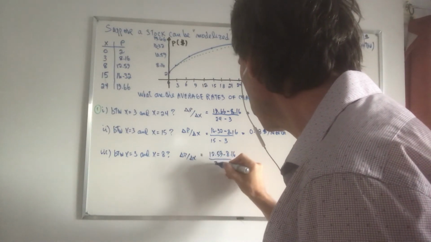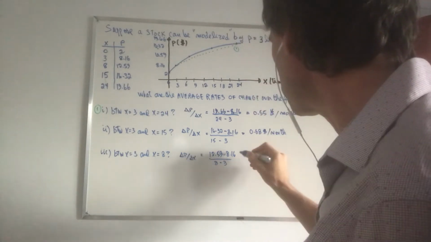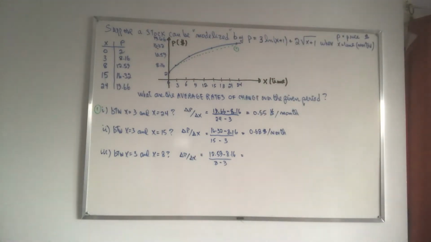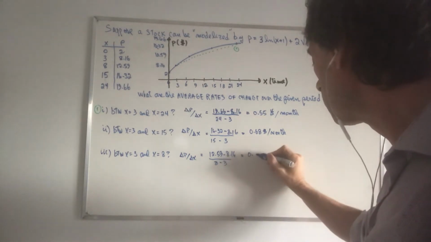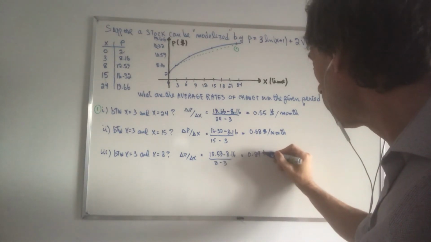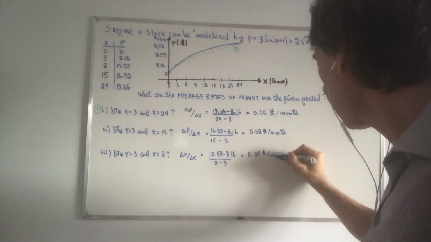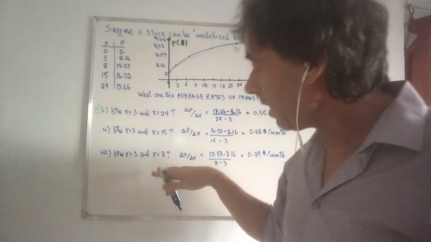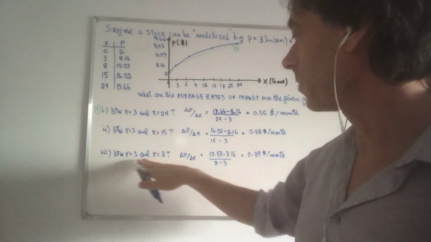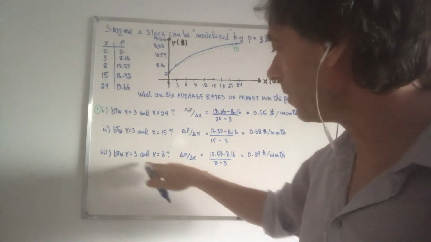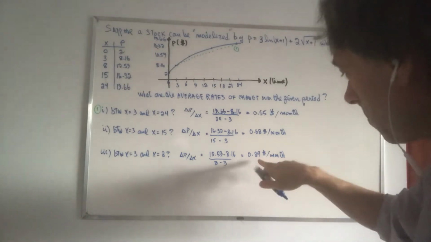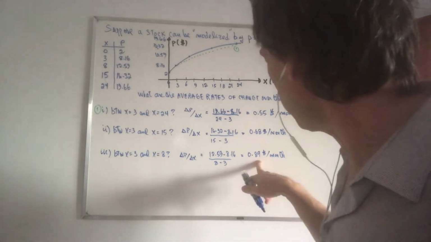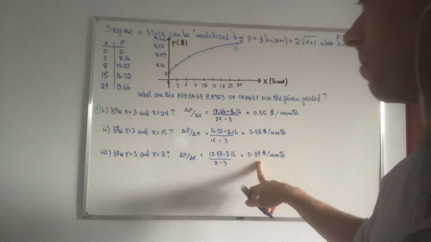This time the bottom is 8 minus 3. We calculate that and we get something like 89 cents per month. So over this shorter period, at the beginning of me holding the stock, after 3 months and then after 8 months, over a period of 5 months, my stock was going up in value by 89 cents a month.